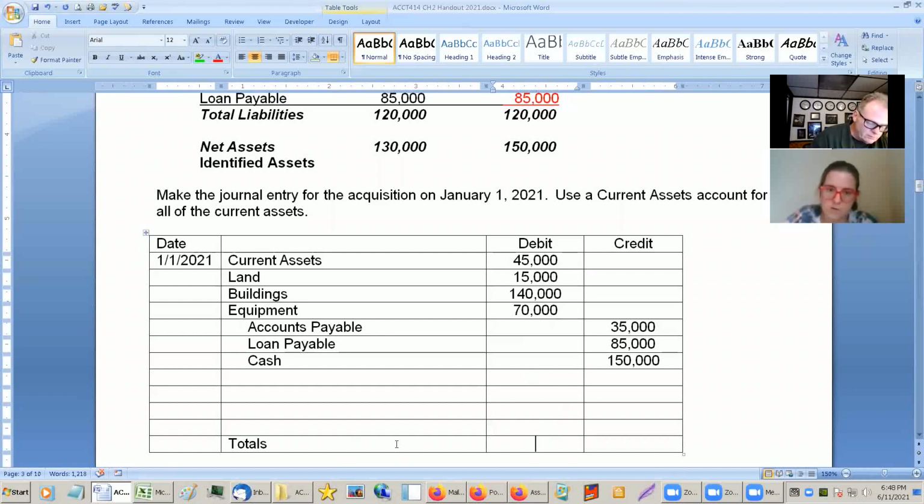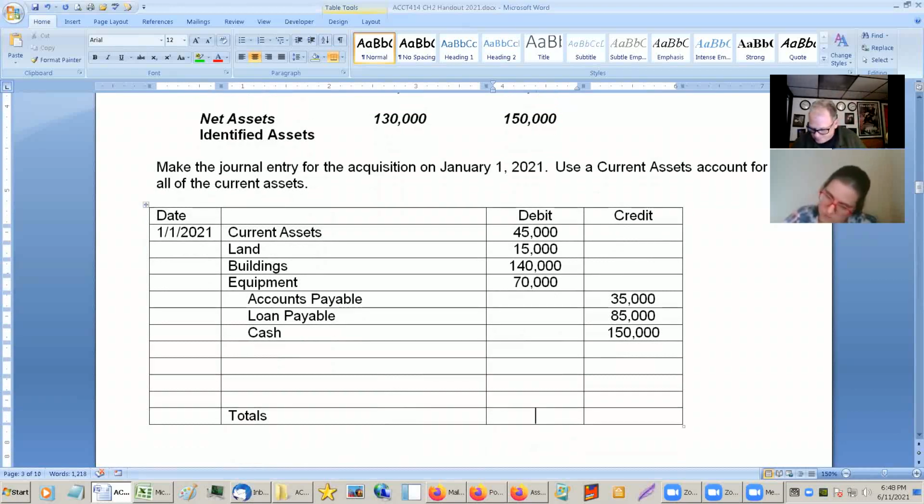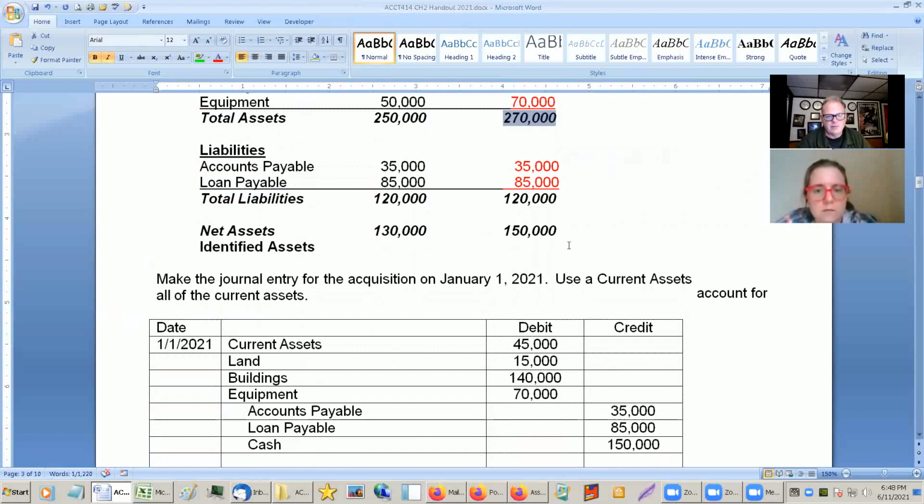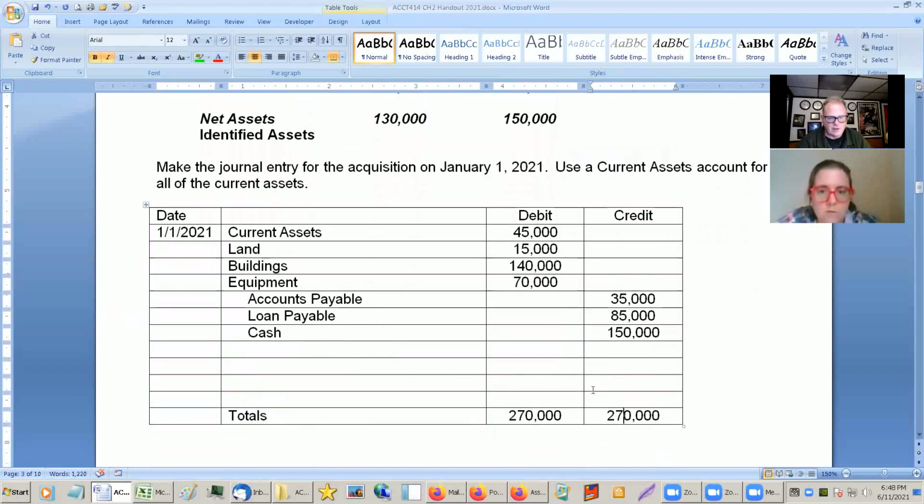Yeah, so those are equal. They're both 270, which makes sense because that's also the net assets under fair value. Those are all the debits. So that's it.